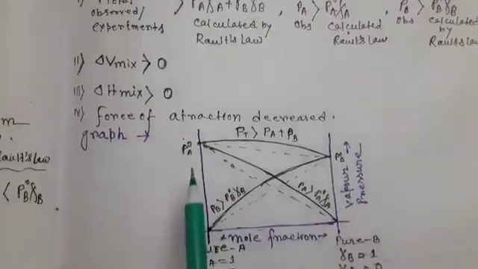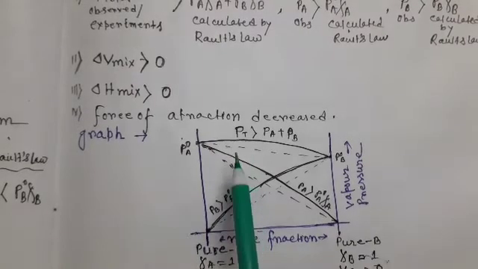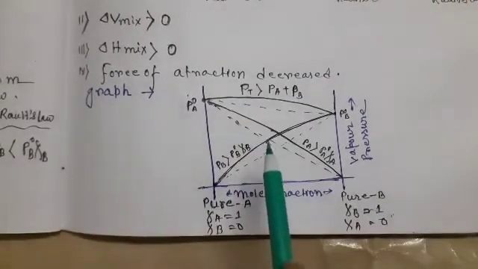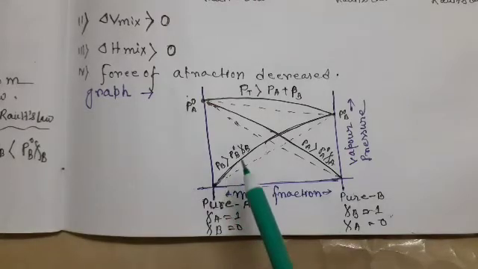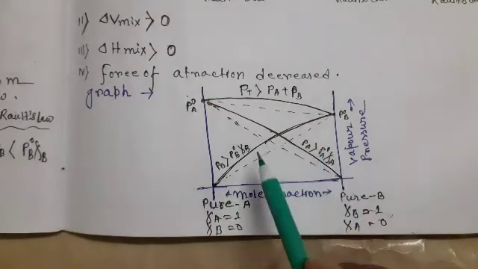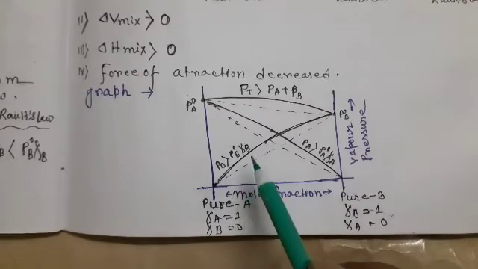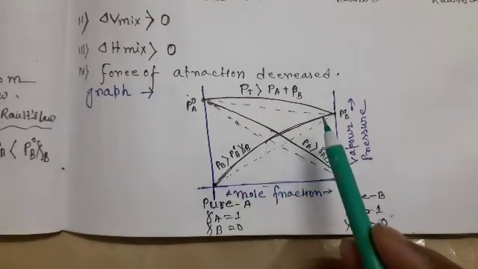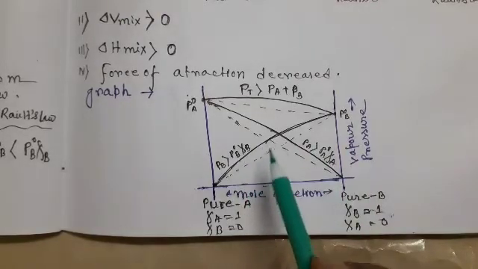Next, the graph of a non-ideal solution showing positive deviation from Raoult's law. Here the dotted line denotes the Raoult's law equation. Here this is positive deviation, so PB is greater than P naught B χB, that is why the line is above the dotted line, which denotes the positive deviation. This line is always above the dotted line.